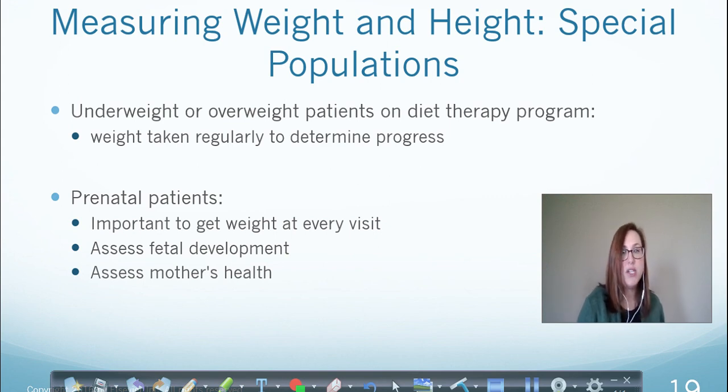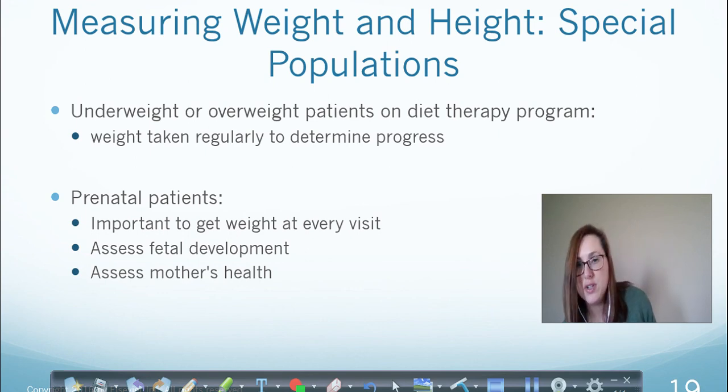Underweight or overweight patients who are on a diet therapy program. So those are patients you really want to make sure that you're taking their weight regularly to determine their progress. Prenatal patients, or prenatal means pregnant. So those patients who are pregnant, it's important to weigh them at every visit.